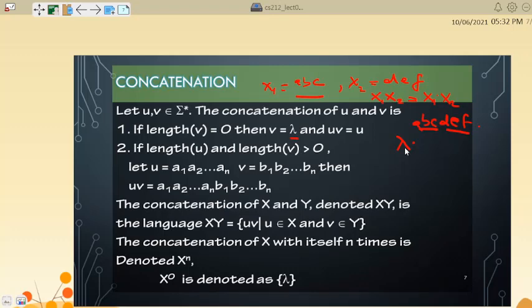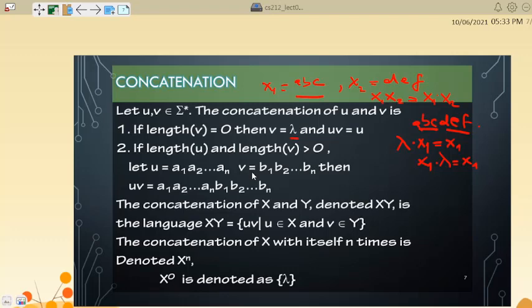For example, if we have a string x1 equal to a, b, c and x2 equal to d, e, f, and we say x1 concat x2, we use a dot, so we can write it like this, x1 dot x2.